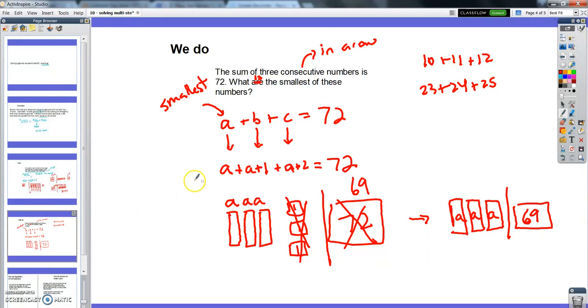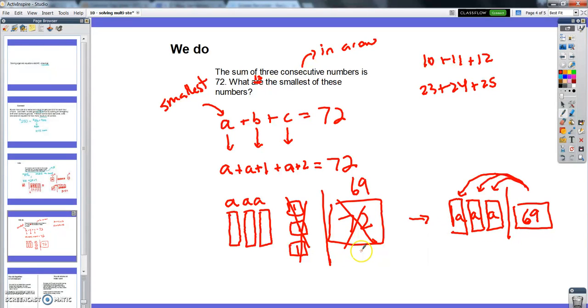Hope that makes sense. I don't want to deal with these. I want to know just what the a's equal. So if a plus a plus a is 69, then I add the 3, I'll get 72. Now I just have to divide the 69 onto the 3 a's, and I'll know the answer.